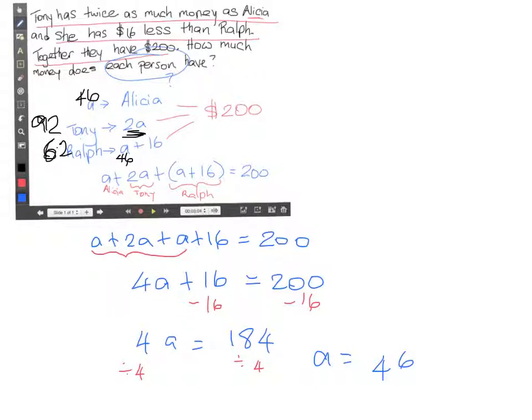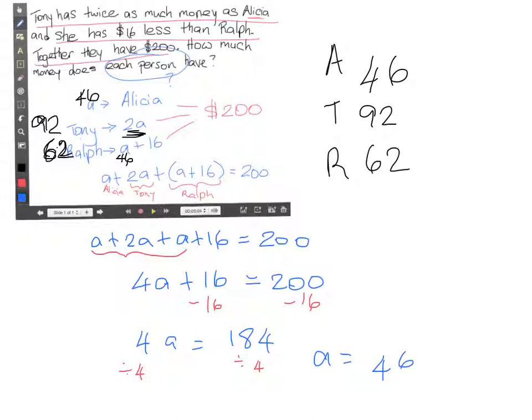Okay, so now we have to just make sure that the answers make sense when you put them with the question. So according to this, Alicia does have $46, and Tony does have $92, and Ralph has $62.